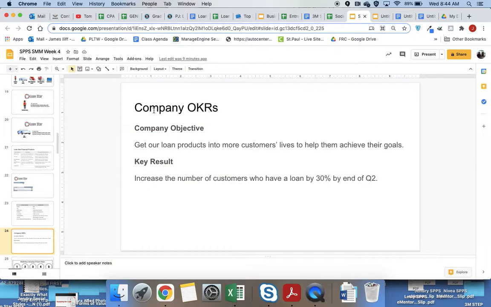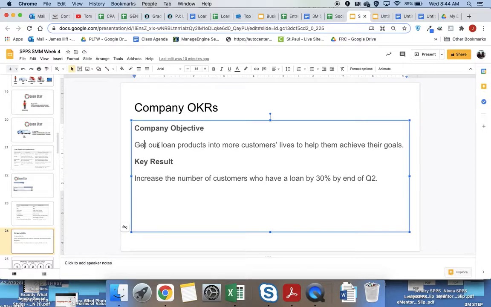All right. So the company goal is to get more loan products into more customers' lives to help them achieve their goals. I love that. Such a cool company objective, helping customers achieve their goals in life, and we can provide them some loan products to help them do that.